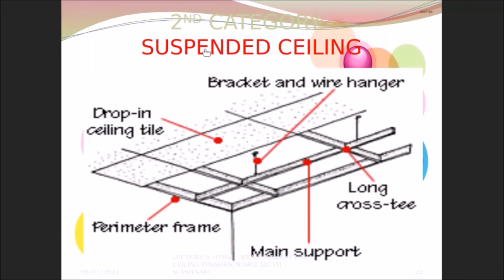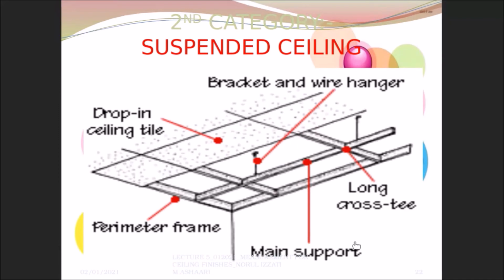Okay, the second one is the suspended ceiling that you can normally see in the shop lot, or maybe the shop unit in the supermarket, or maybe in the mall. We call this one bracket and wire hanger. This one is required to be measured if they are detailed.